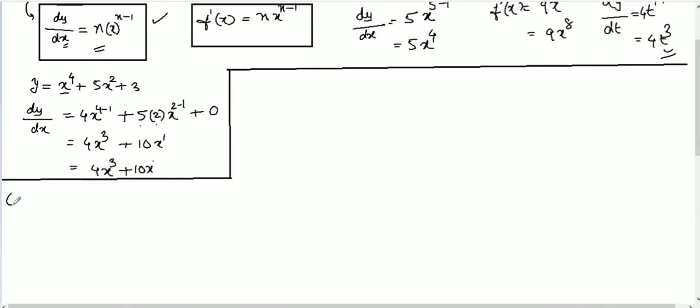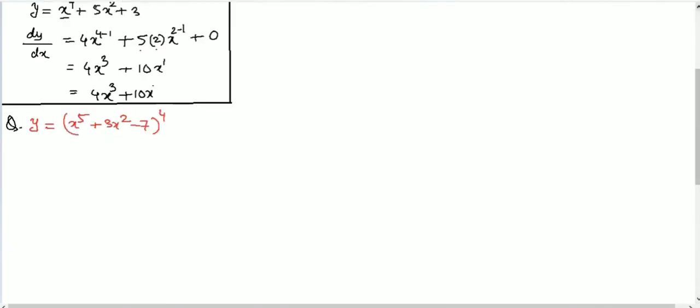Consider the function y equal to x to the power 5 plus 3x square minus 7, all to the power 4. We have to differentiate this function, and we will use the chain rule to differentiate this.